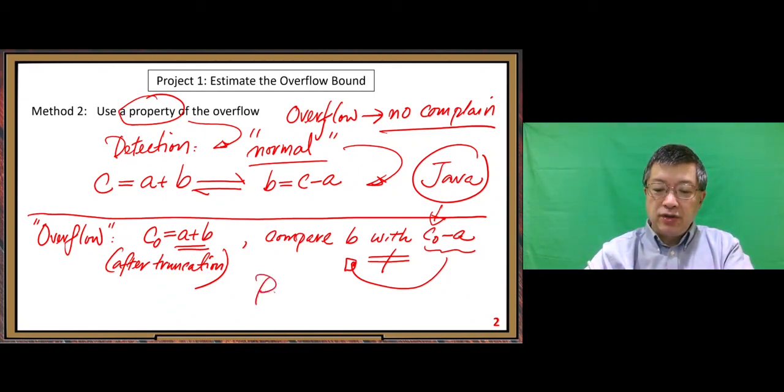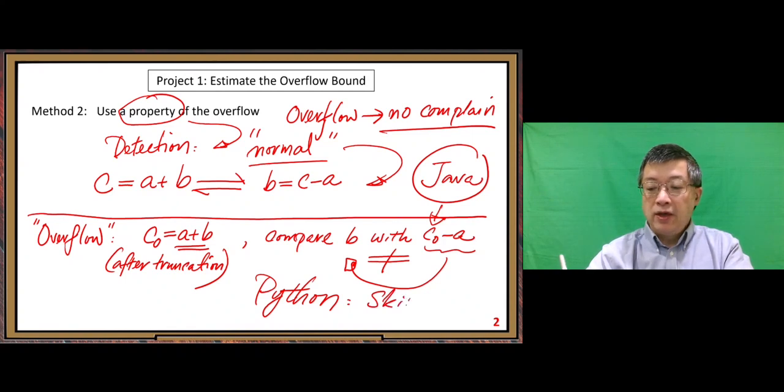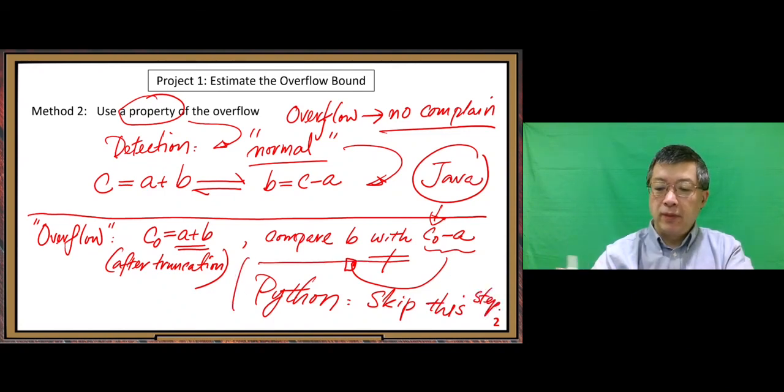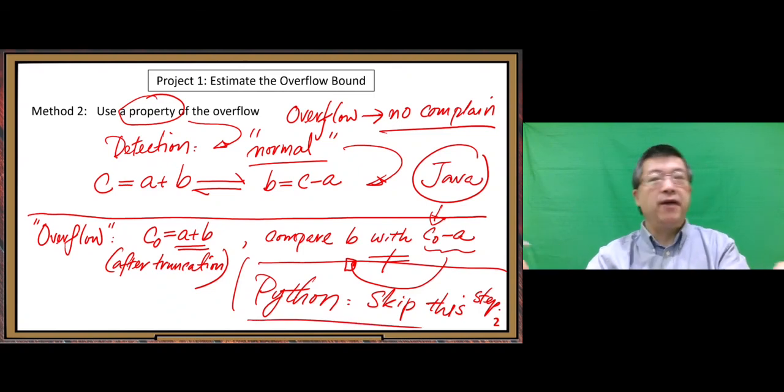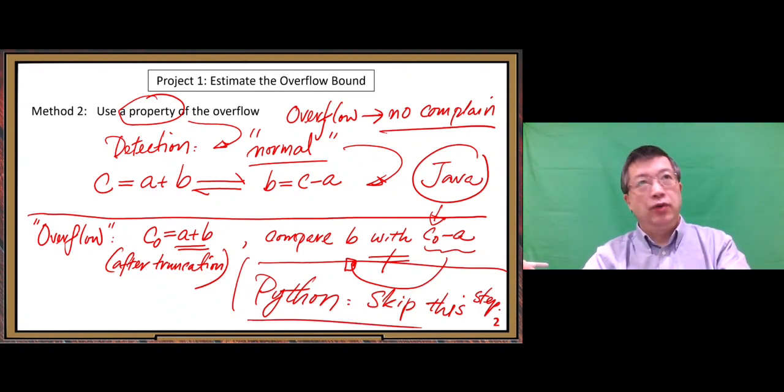For students using Python to do this program, skip this method. You only do method 1. Method 1 is okay. You won't lose any points.